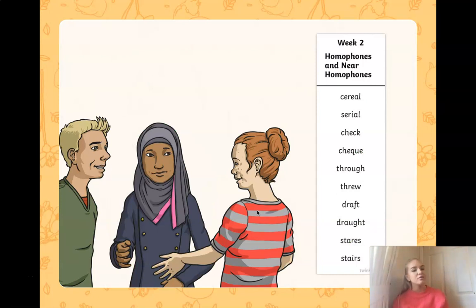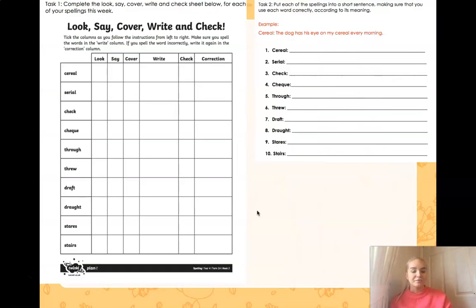Okay, so here are your spelling words for this week. You can see they're all homophones and near homophones. So your task today is to practice these spelling words using the look, say, cover, write and check. Now, this method is really important that you do properly.